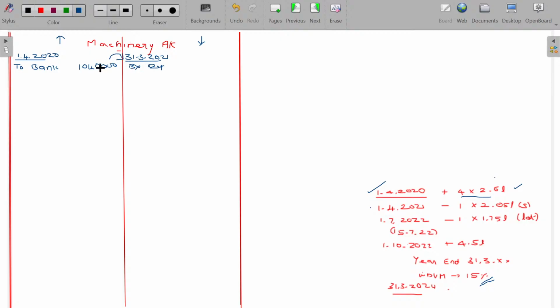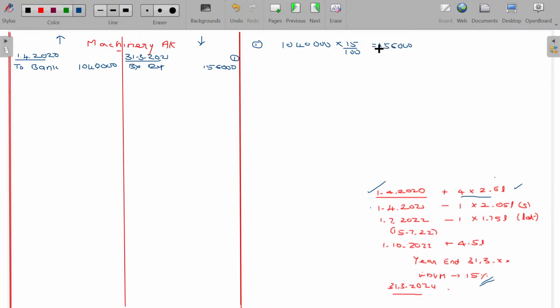On this you have to calculate 15%. 15% on 10 lakhs 40,000 being how much? 1,56,000. I can calculate it as a separate working note here. Working note number 1. Original value being 10 lakhs 40,000. For that you have to calculate 15% depreciation, which is 1,56,000.